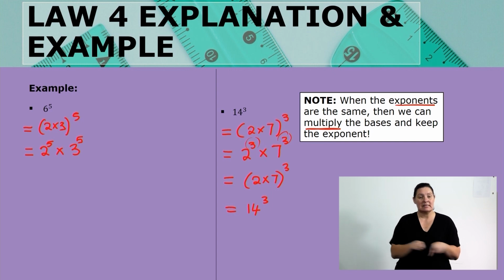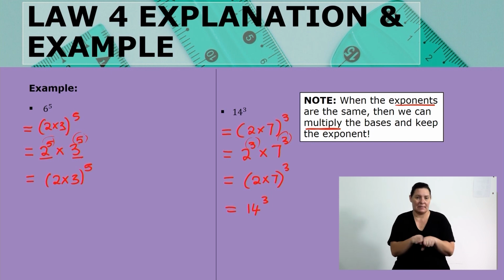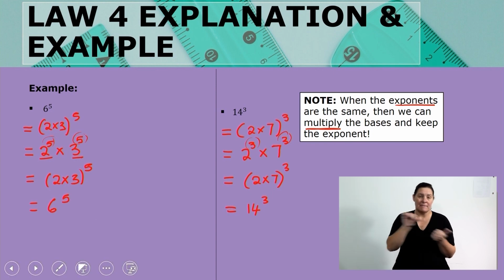The same would be with this first example. Because the exponents are the same, we can take the bases and multiply them. So we can say 2 times 3, and we keep that exponent because it is the same. And then that is 6 raised to the exponent 5. So it takes us back to where we started.